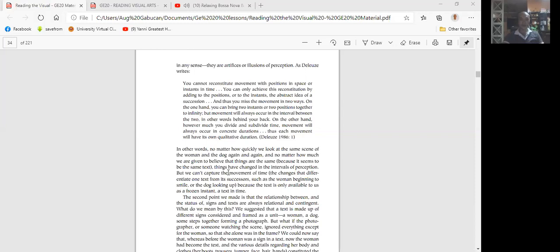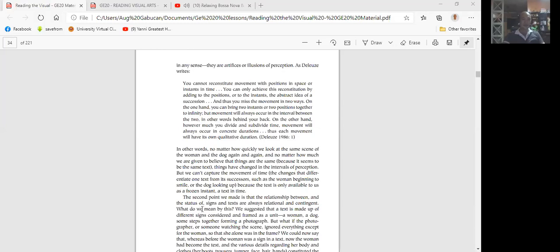But we can't capture the movement of time, the changes that differentiate one text from its successors. So that text is only available to us as a frozen instant. It is a term used, a text in time. It doesn't really tell the whole story.